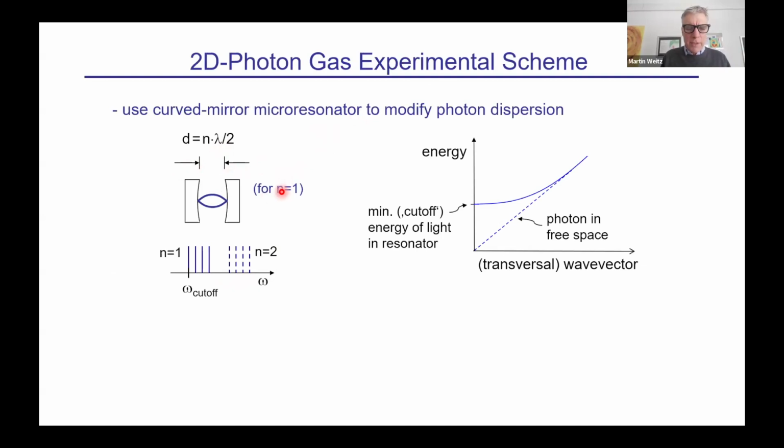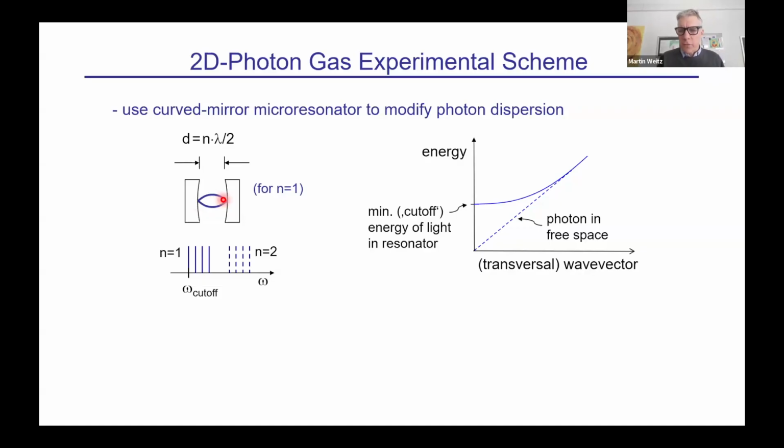For the sake of simplicity, let's now assume n is equal to 1. Then it's very clear that very long wavelengths do not fit into the microresonator due to the boundary conditions. We need a zero of the field here and here. There's a maximum wavelength or minimum frequency of the light to fit inside.